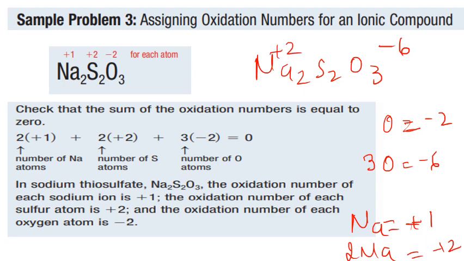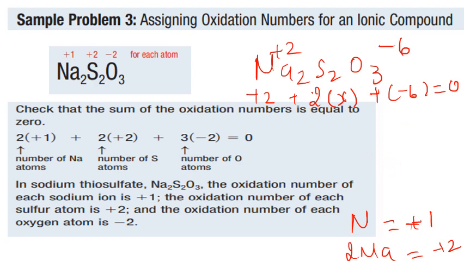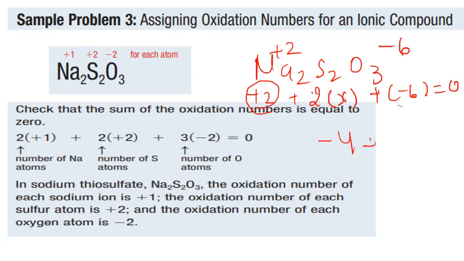And then what's the situation over here? All of these numbers should give me 0. So I have +2 over here. I don't know what it is for the sulfur atom. Let's say it's X, and then I have -6. They all should give me 0. So I have +2 and -6, which gives me -4, and then +2x.